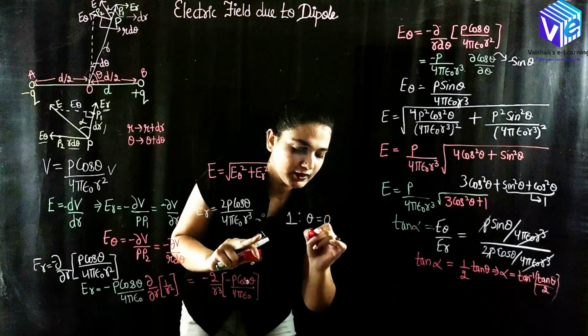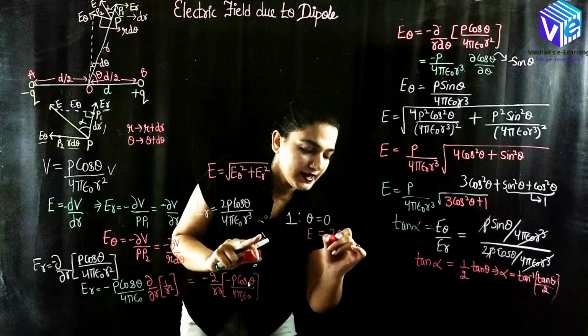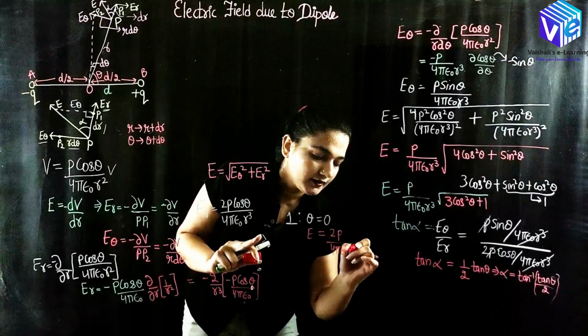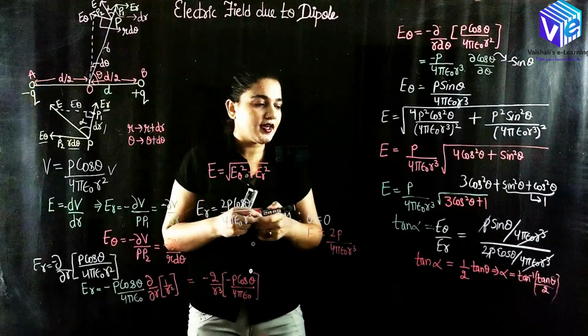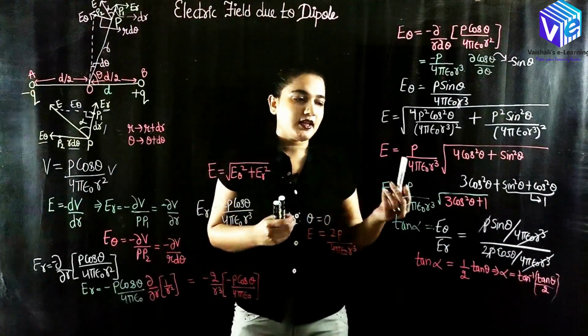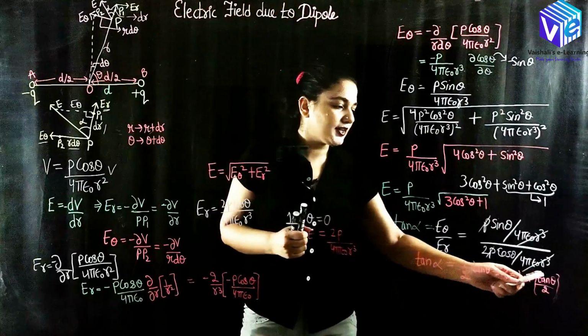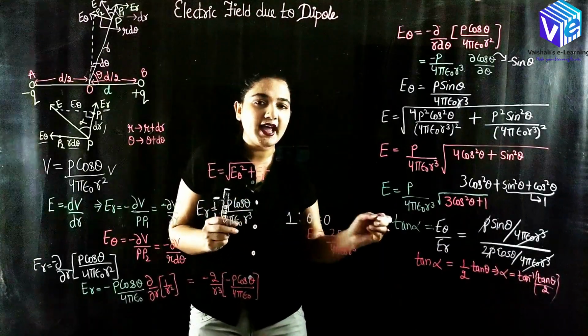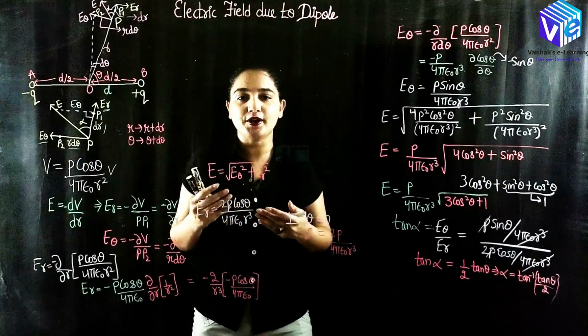So E will be equal to 2p upon 4 pi epsilon naught r cube. And if theta is 0, tan of theta will be 0 and alpha will be 0. Now it's on the axis and it is called end-on condition.